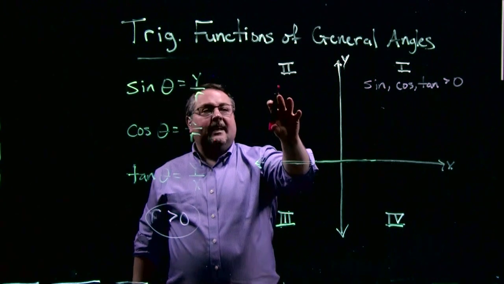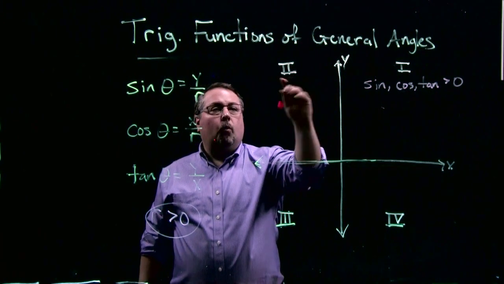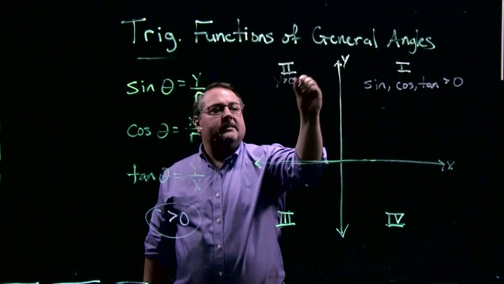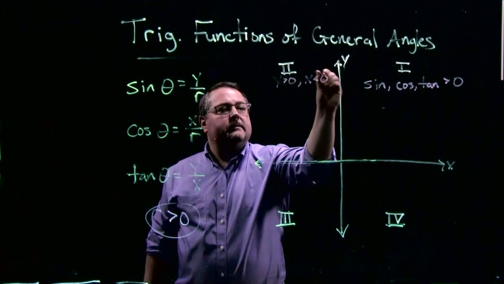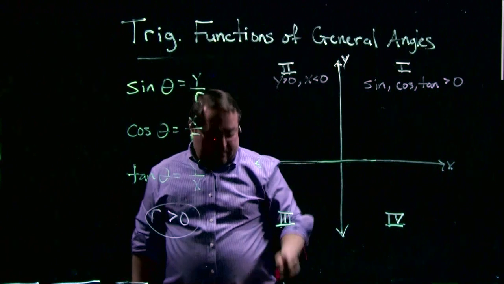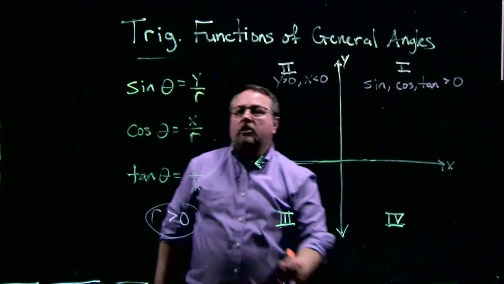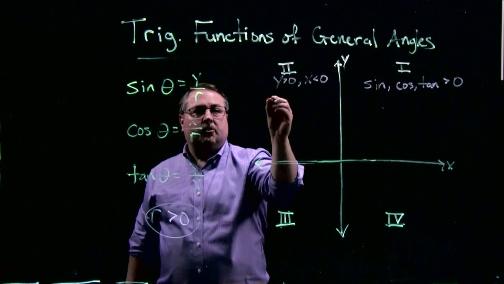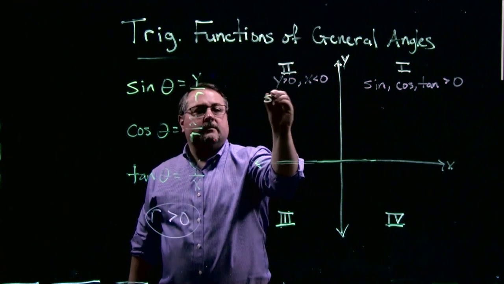When we move into the second quadrant, now y is positive, but x is negative. So what will happen here is sine is going to be positive because y over r is still positive over positive.